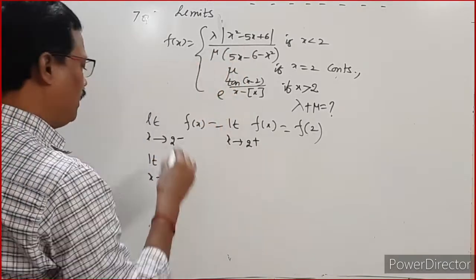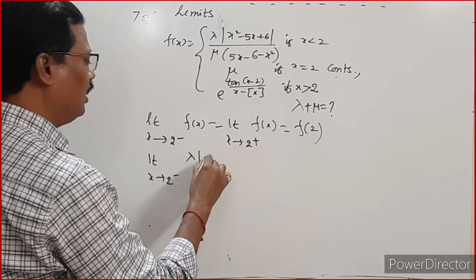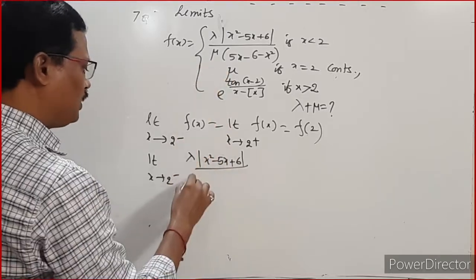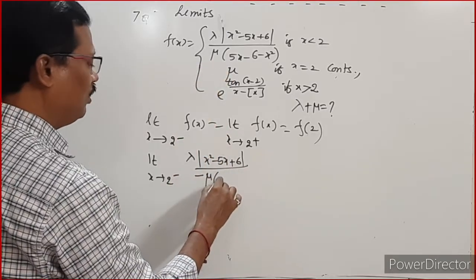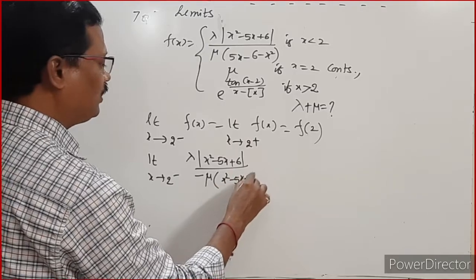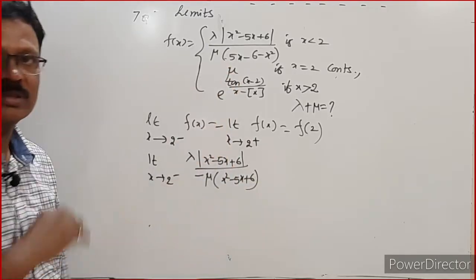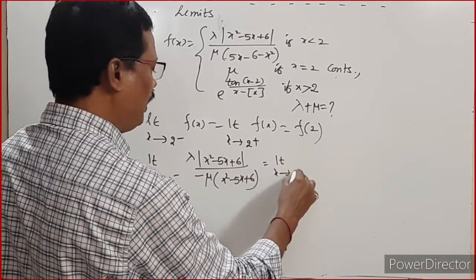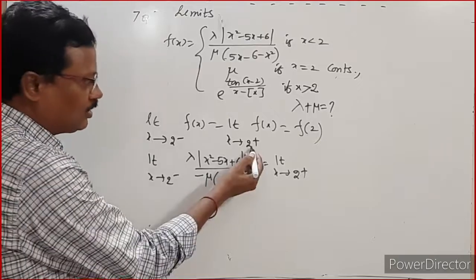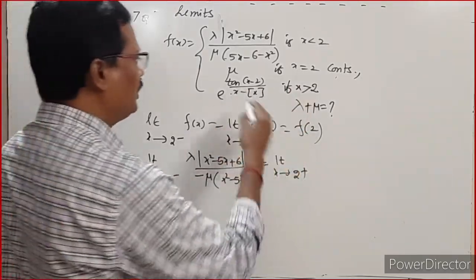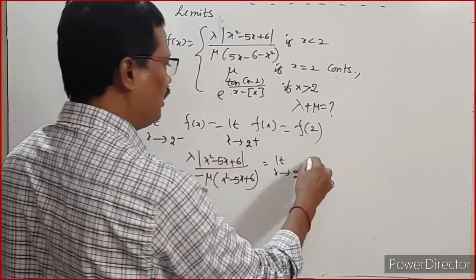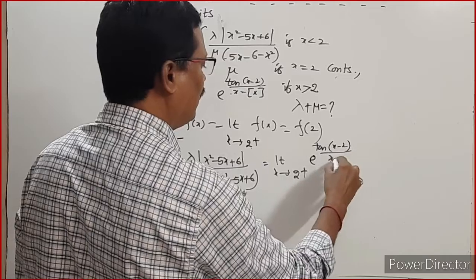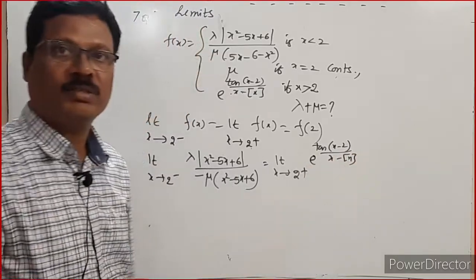X less than 2 means take this one, lambda into modulus of x square minus 5x plus 6 by, in this let us take common minus mu into x square minus 5x plus 6. I am taking common minus from this. Now this is equal to limit x tending to 2 plus, okay, x is just more than 2, right limit, therefore that f x is what? That f x is e power tan of x minus 2 by x minus step x. Okay, is it okay?